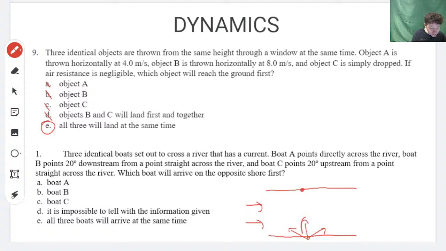This vector is only a component across the river, where the other 2 vectors, A and C, have a component either upstream or downstream. But we don't care how far upstream or downstream they end up. So this boat is the one that will make it across first. And that was boat A, points directly across the river. So our answer is A.